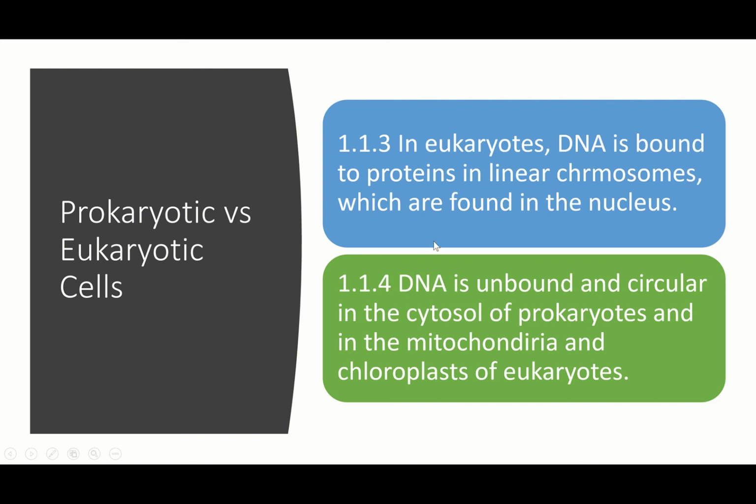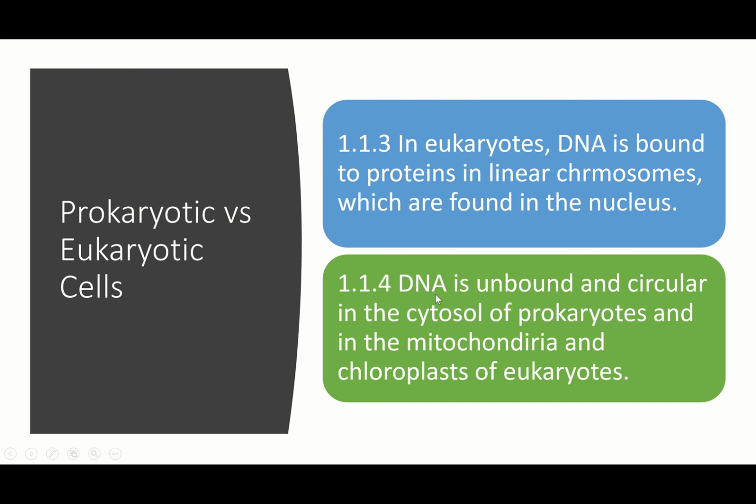1.1.4. DNA is unbound and circular in the cytosol of prokaryotes and in the mitochondria and the chloroplast of eukaryotes. Remember, it's a misconception to think that in eukaryotes there are only X-shaped chromosomes, but that's not true, because in our mitochondria and in a plant's chloroplasts there is actually unbound and circular DNA.